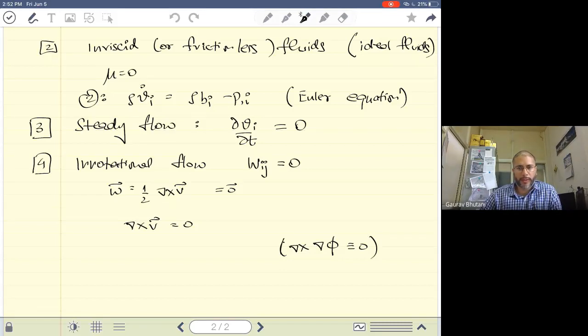I think we discussed this in the beginning of the course when we talked about tensor calculus. So the curl of the gradient of any scalar field is identically zero. So if you have the curl of velocity being zero, that means you can write your velocity as the gradient of some scalar field. And these classes of flow are called potential flow.